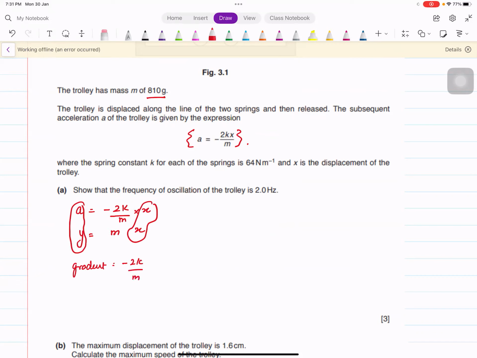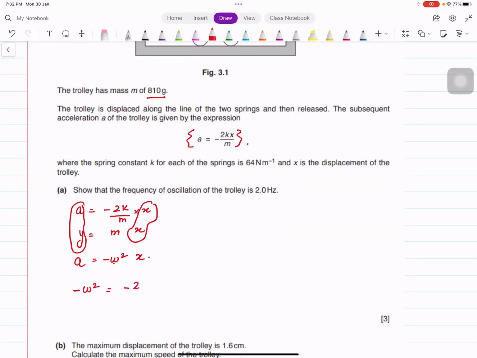Now, what are we really doing here? We are comparing this with a equals minus omega squared x, right? So minus omega squared x is equal to minus 2k over m. And we want to find the frequency, right? So minus minus cancel out. So we're going to write omega, which is 2 pi f, whole squared, equals 2k over m. Now, k is given as 64.